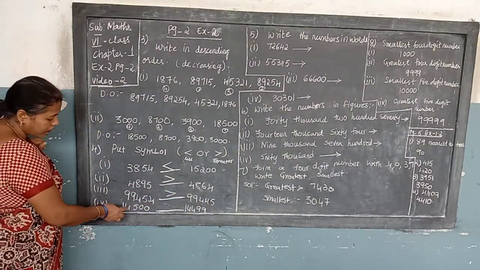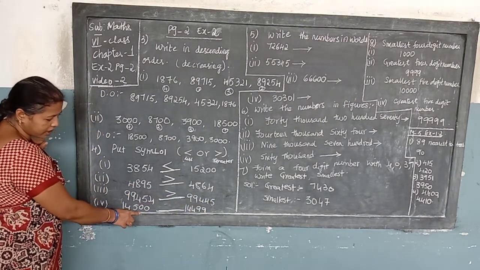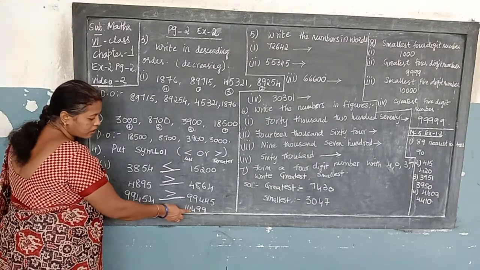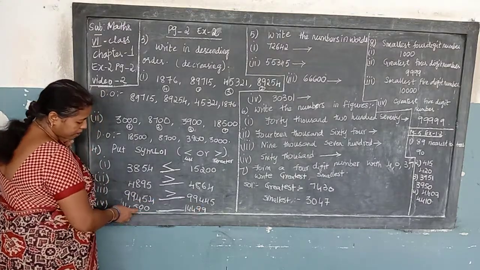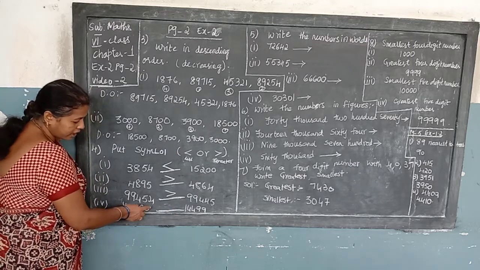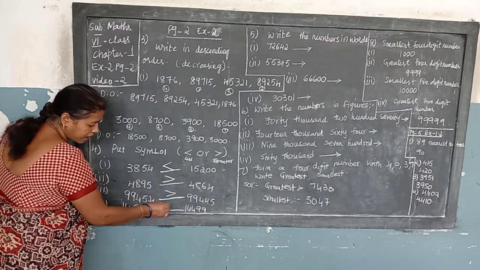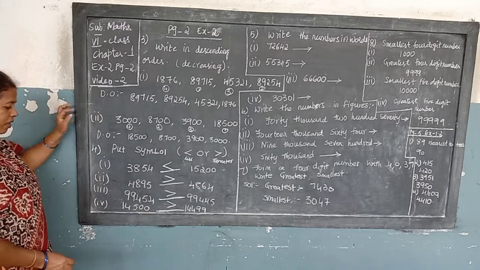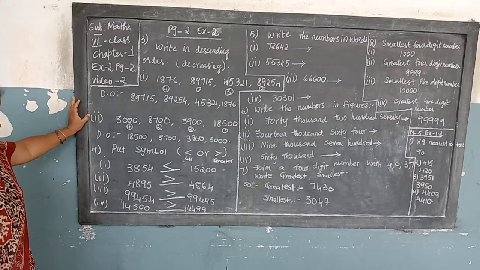Next, fourth one, 14,500 and 14,499. Which is bigger? This is bigger. 14,500 is bigger than 14,499.